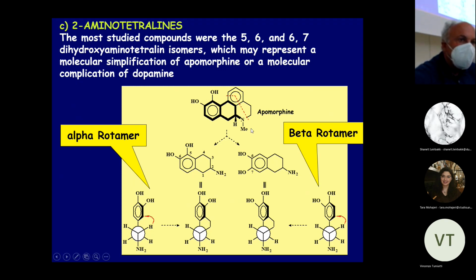Once again, I remind you that the active conformation of dopamine that we have found inside apomorphine is related to trans-beta alpha rotamers. Starting from this point, the scientists designed other direct agonists.